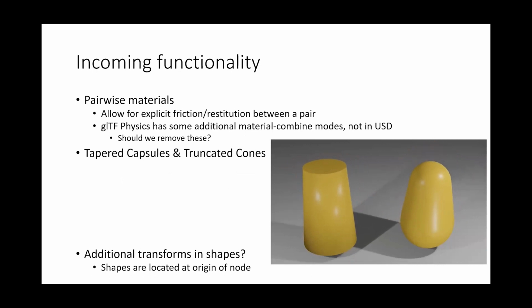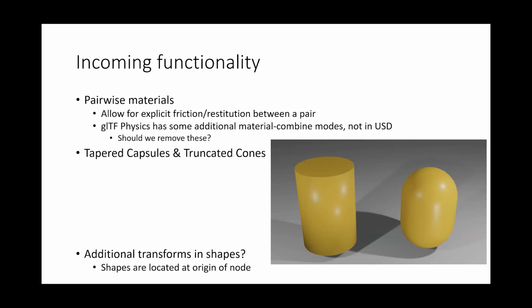In terms of incoming functionality that we've been discussing recently in our USD group, we're talking about adding pairwise materials. The materials that are specified in both specs are obviously a dramatic oversimplification of how the real world behaves, but good enough for most simulations.